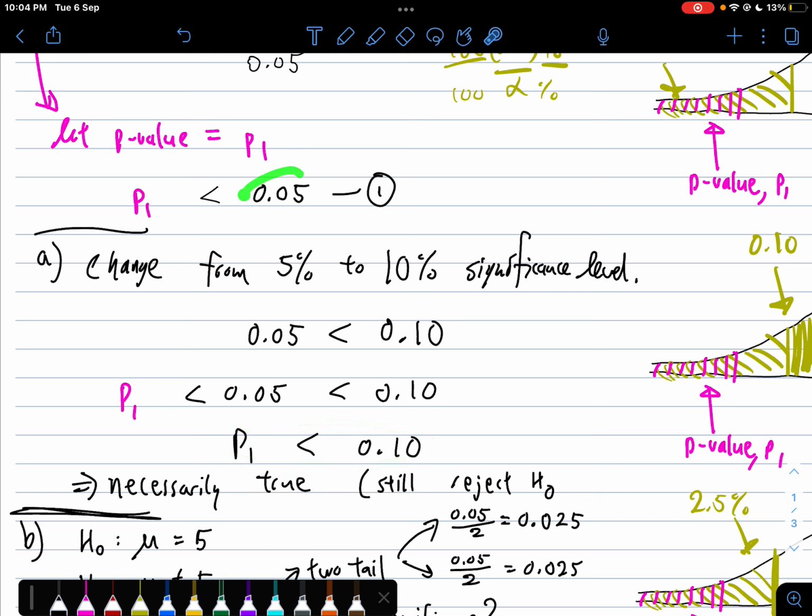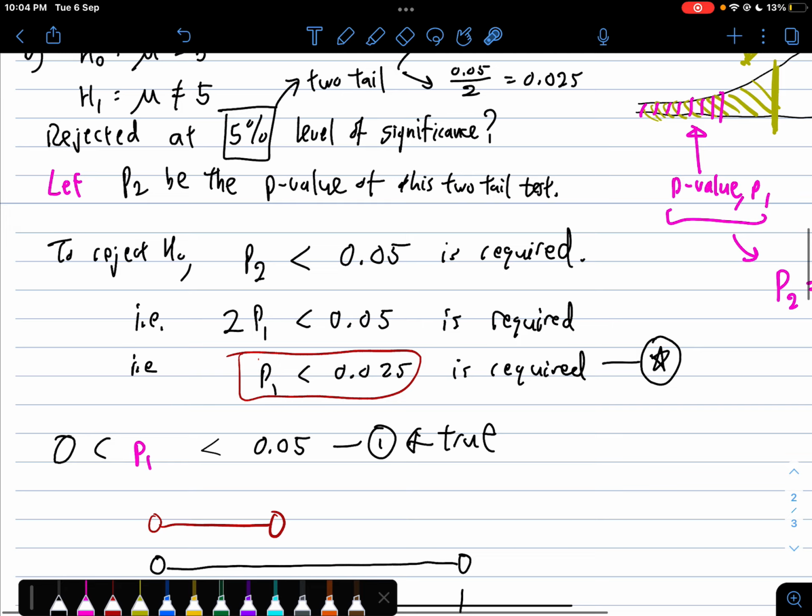If we satisfy the strict condition, of course we satisfy the loose condition. So that's why it is necessarily true. If we relax it to 10%, it will still be rejecting H0. If we manage to reject H0 when it is so strict at 5%, we are also able to reject H0 at the more relaxed 10%.